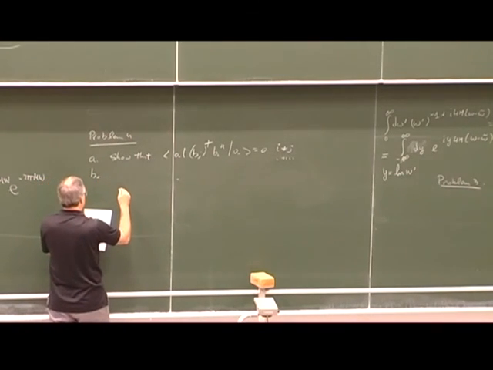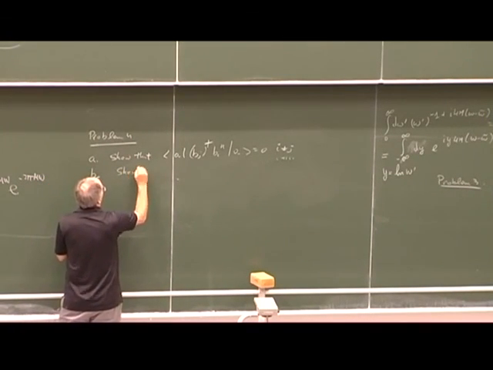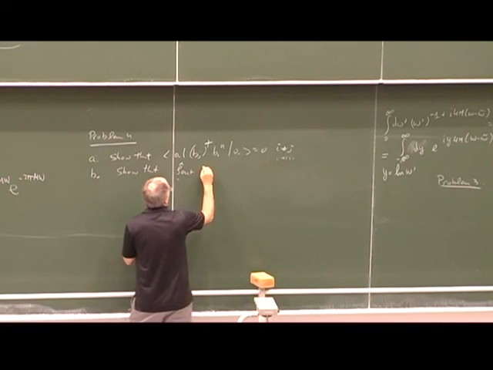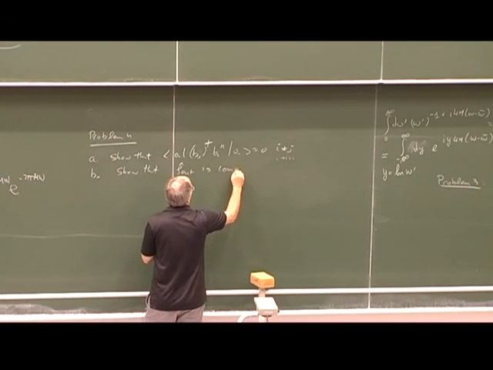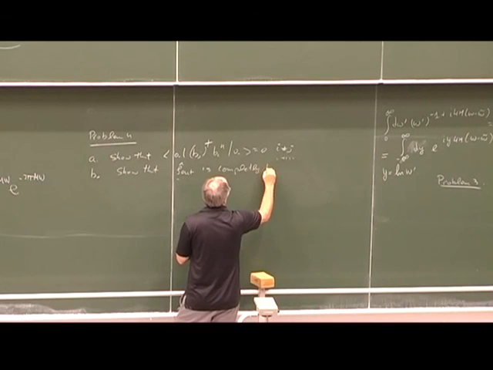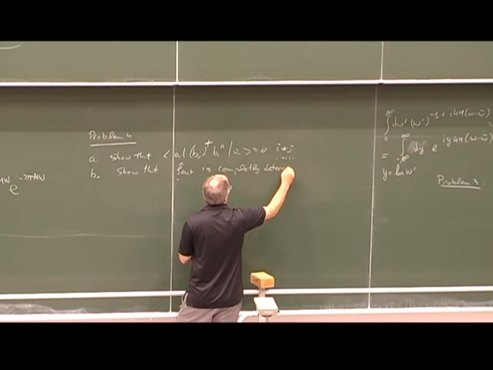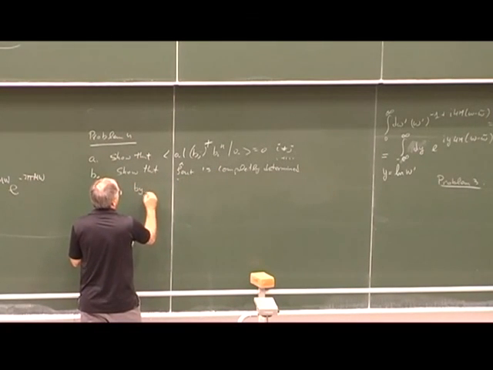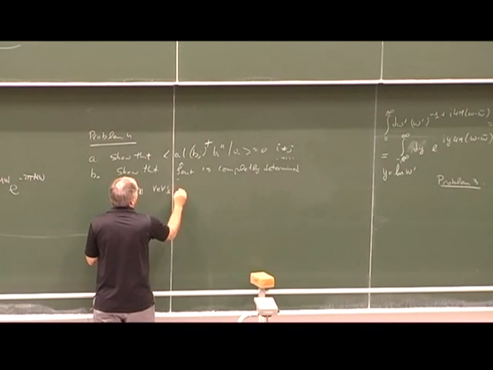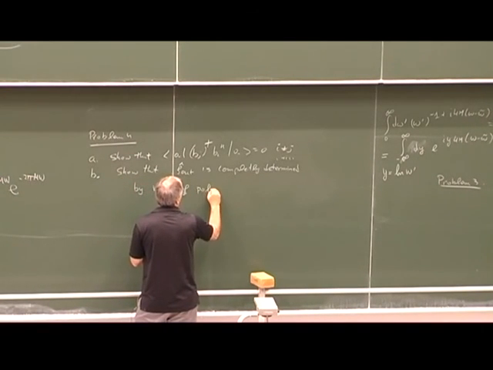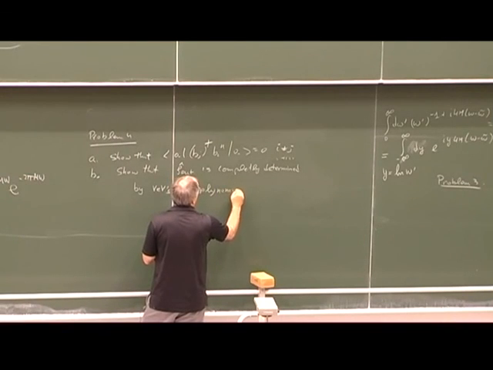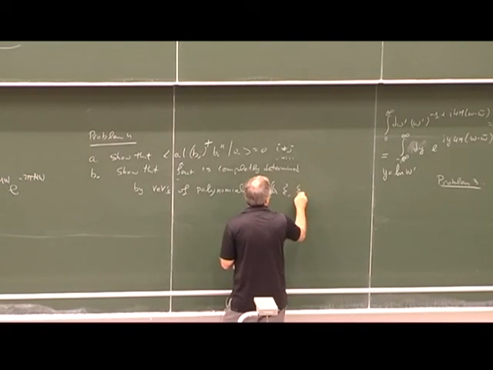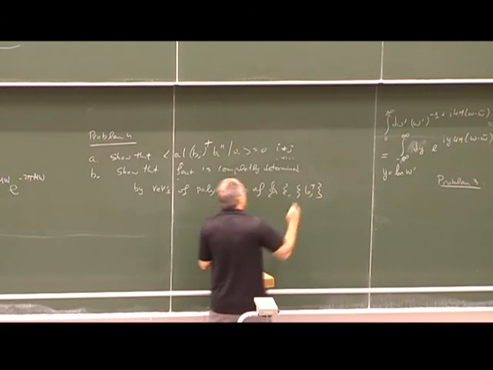B: show that E is completely determined by polynomials of b_i and b_j dagger.